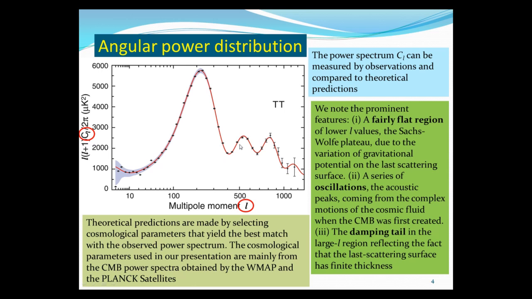The theoretical prediction, for example this red curve, is made by selecting cosmological parameters that yield the best match to the observed power spectrum. The cosmological parameters used in our presentation, like, for example, the Hubble constant and the density parameter for matter, are obtained from the WMAP and Planck observations.